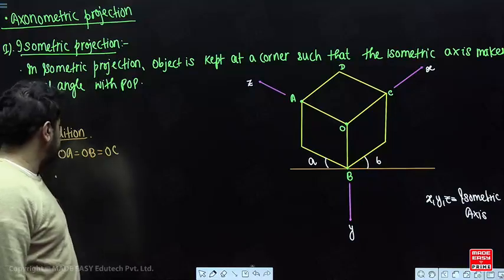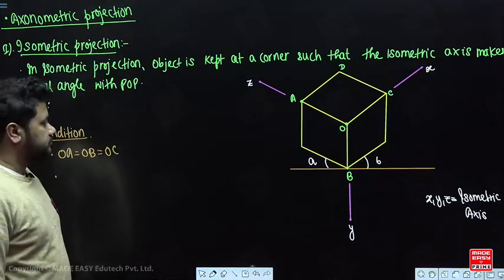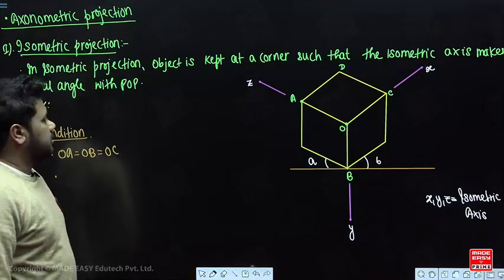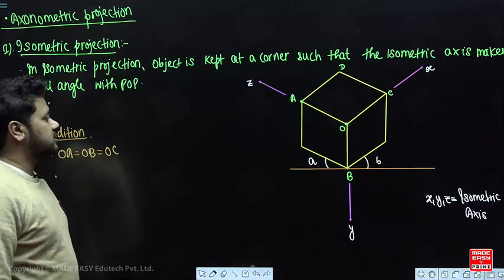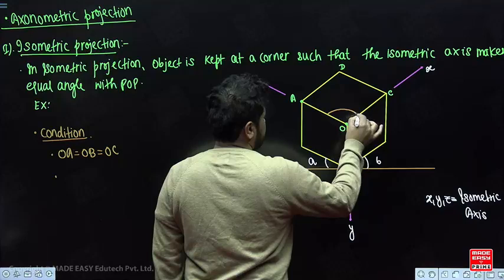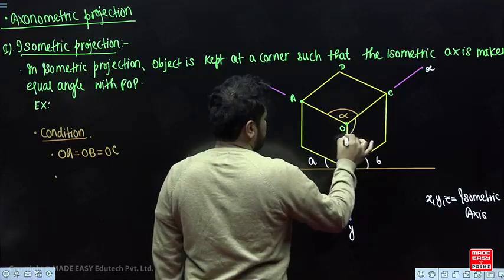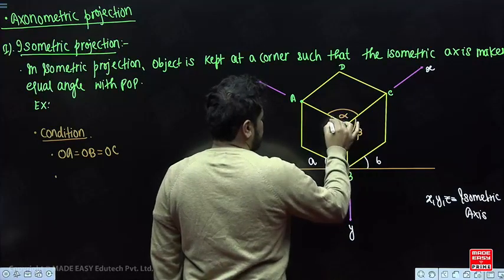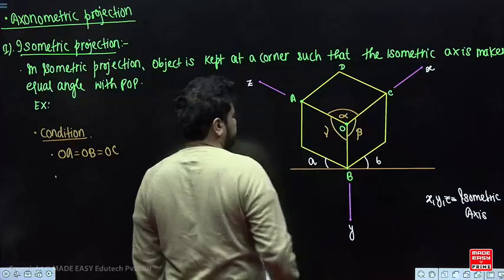Right? OA, OB and OC, correct? So if OA, OB and OC are all equal, what will this angle be? Let us call this angle alpha, this angle beta, and this angle gamma, correct?